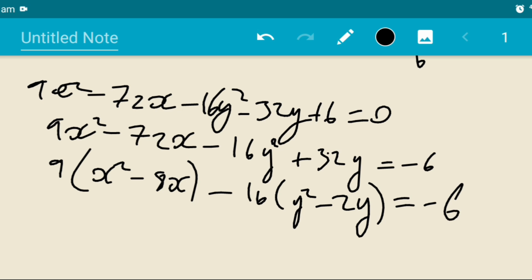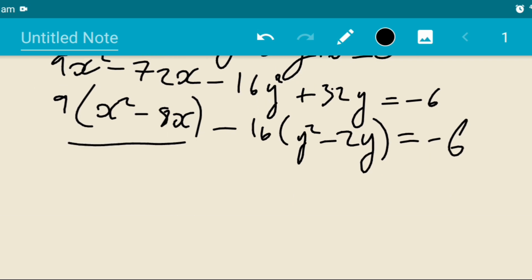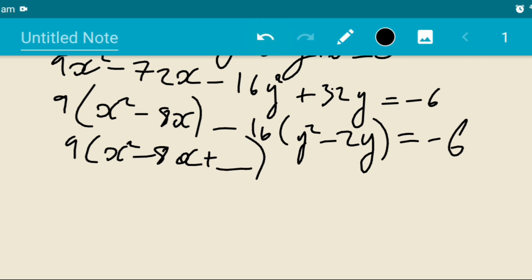Then we can deal with the x first, then the y. Let's deal with the x first by completing the square. So we say 9, then x squared minus 8x, then we leave a space. We say plus, then leave a space. What we're going to fill in this space is half of what's in the middle. Remember, there may be a negative here, but you just put the negative there.